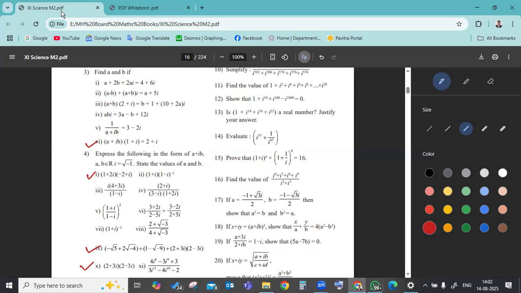Done. A plus ib into 1 plus i. Multiply that, and whatever real and imaginary parts you will be getting, compare that with 2 plus i so that you can find value of a and b with that comparison.